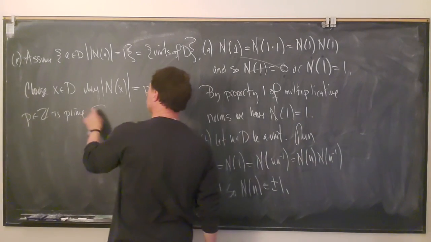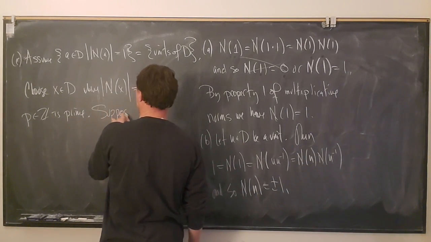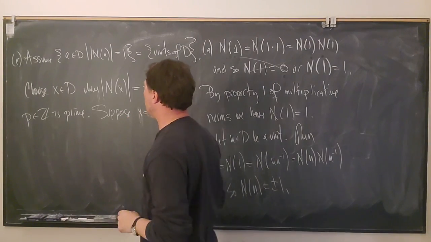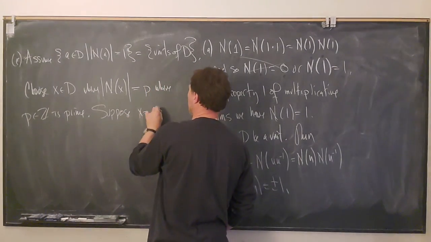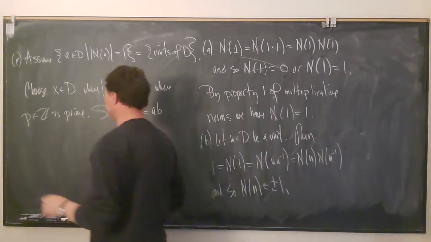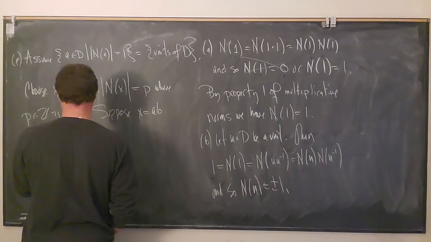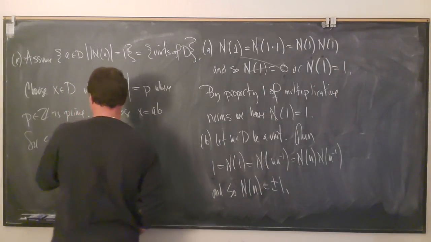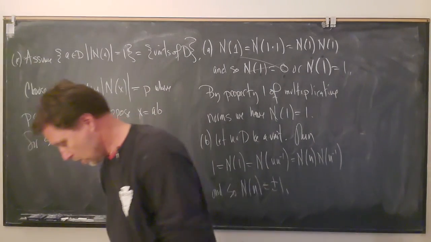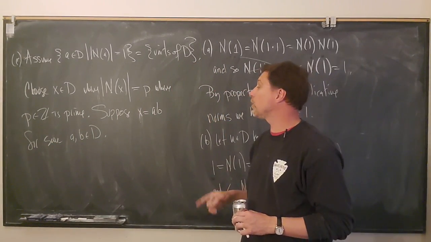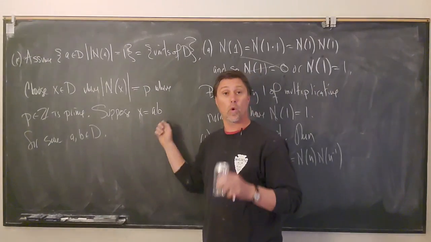So suppose that X is equal to, let's say, A times B, for some A and B in capital D. Now, what do I need to do if I want to conclude that X is an irreducible? Then I need to show that A is a unit or B is a unit.